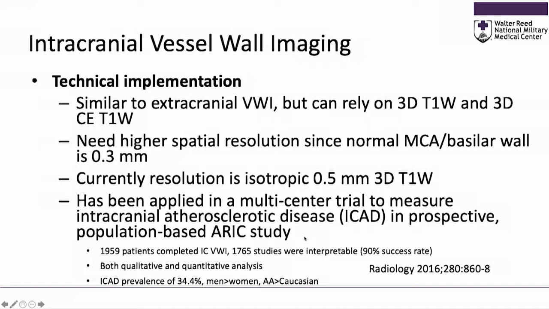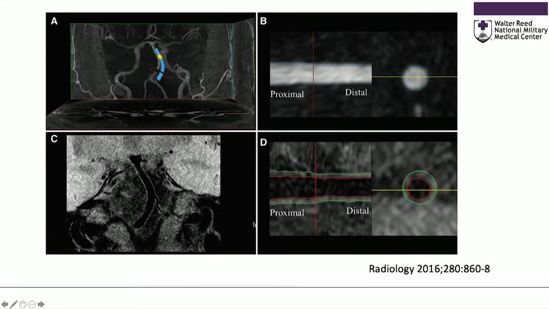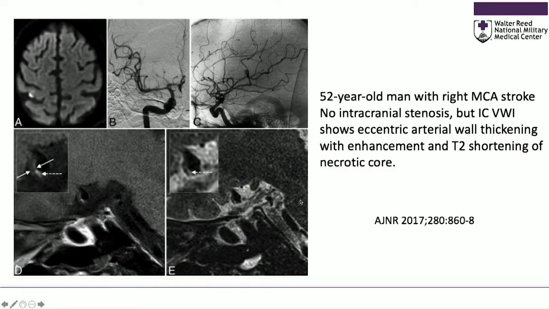Even with the techniques that we have right now, in this population-based atherosclerotic research in the community study of almost 2,000 patients, they were able to identify 34% of the patients, no known cardiovascular disease at all, that had intraplaque hemorrhage. And we can see wall thickening, as you can see here, and evidence of intracranial arterial disease.